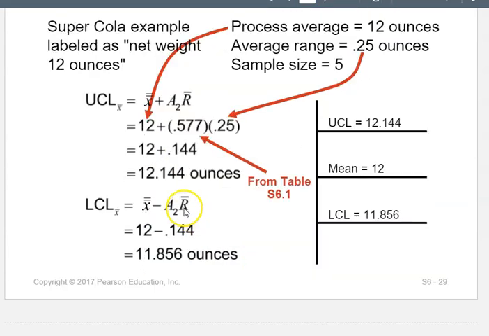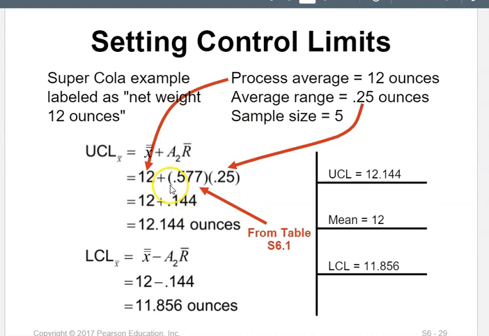So let's see an example. Alright, so in this example we can see that we have super cola, and we are weighing 12 ounces, right? Process average is 12. That means Xbar bar is 12.